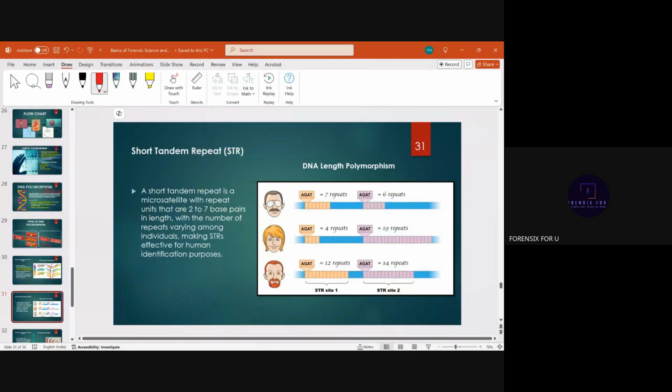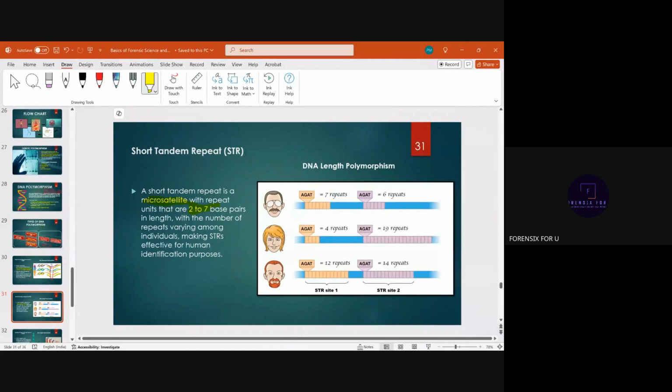You can see what an STR is. A short tandem repeat is a microsatellite. Remember what it is. It is a microsatellite with repeat units of 2 to 7 base pairs. Write it down in your copy. SNP is a single nucleotide, one nucleotide at one particular position.